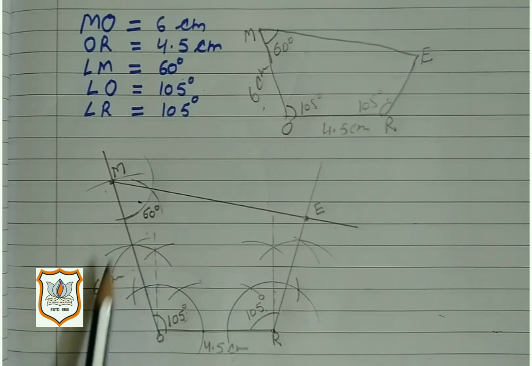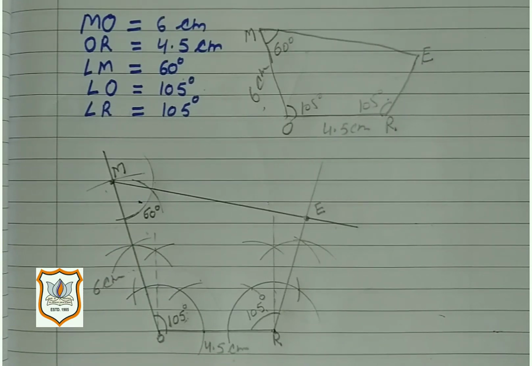Clear students? So this is our required quadrilateral MORE.